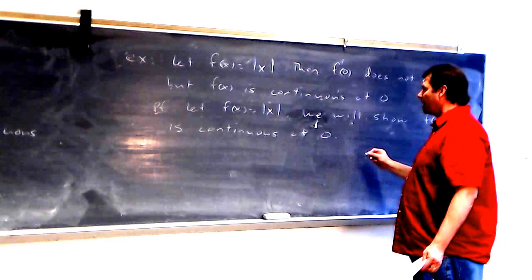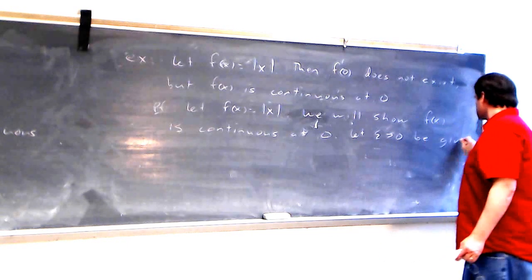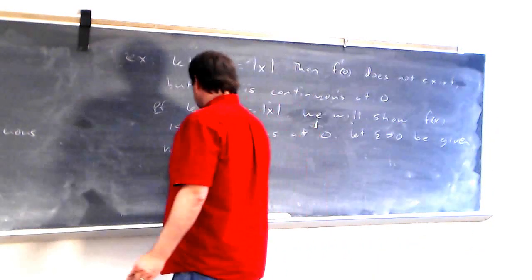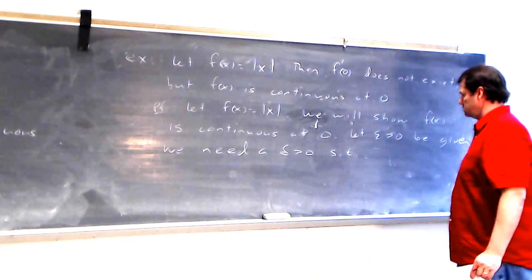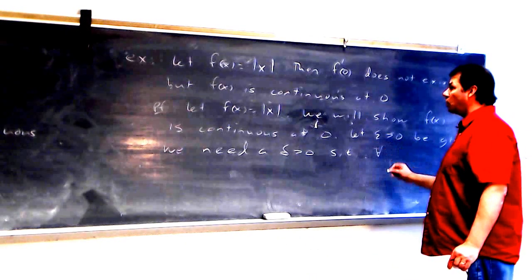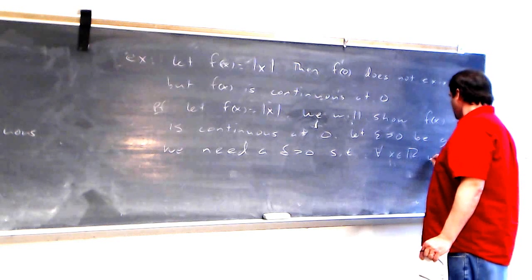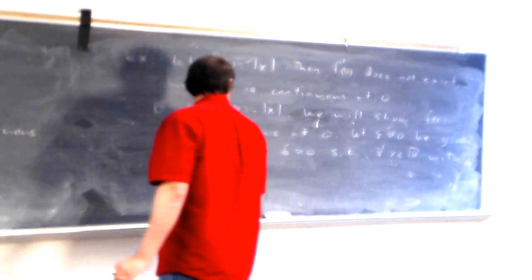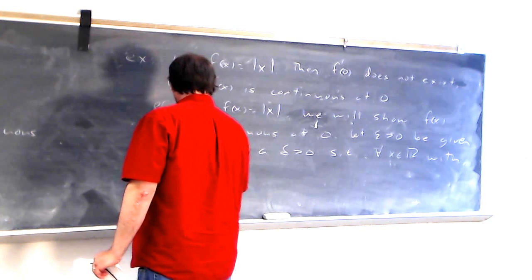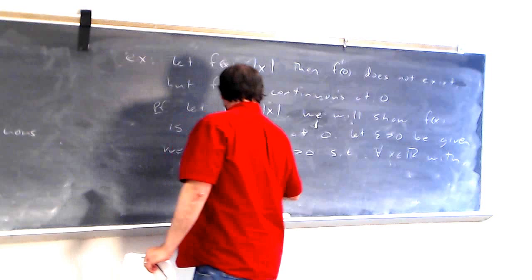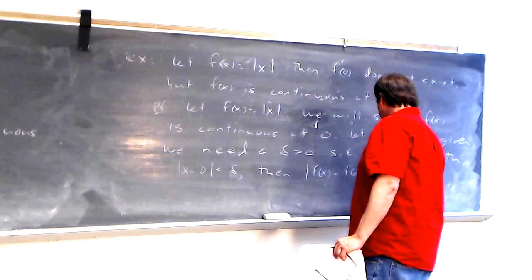Okay, how can I do this? Well, we let epsilon be greater than 0 be given. We need a delta bigger than 0 such that for all x's in R with, so continuity, with the absolute value of x minus 0 being less than delta, then the absolute value of f of x minus f of 0 will be less than epsilon.